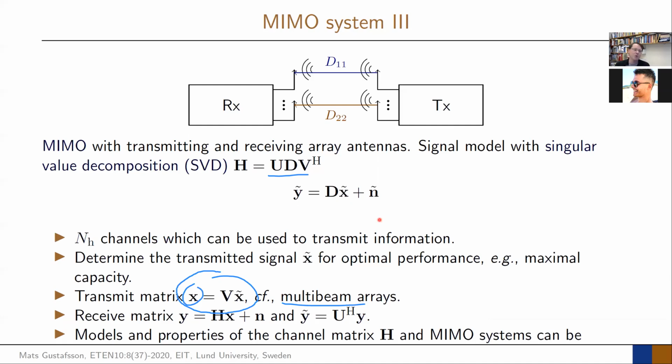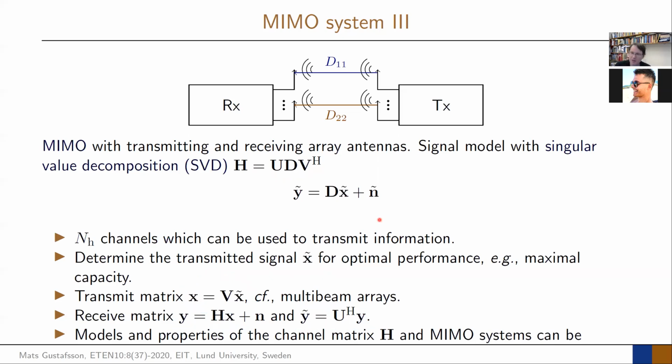So these MIMOs are really multi-beam arrays, where you transmit signals in different directions, and you do it in a very complicated environment. In the same way at the receiver, the received signals are what you get after this diagonalization. It's very simple. And then in physics, it comes down to different signals in different antenna elements.